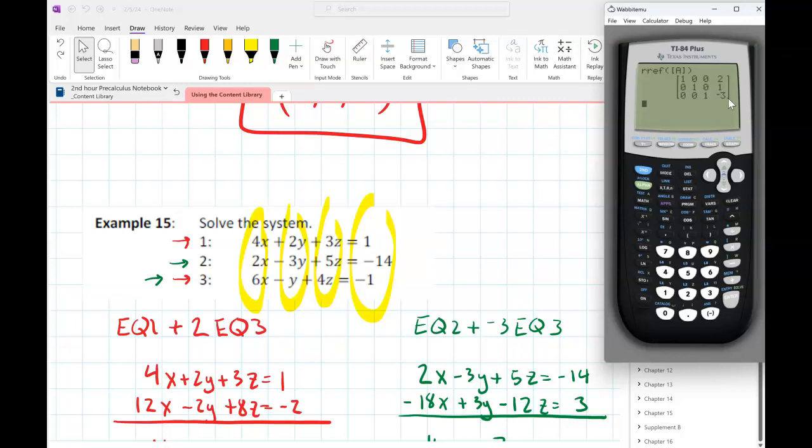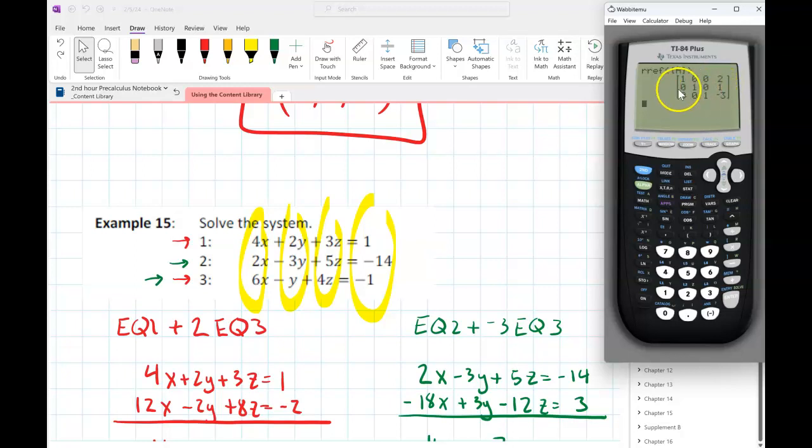Now let's look at what this is actually saying. Remember how when we entered this system into our calculator, we turned it into a matrix? I can take my matrix and turn this back into a system. So this first row of my matrix means 1x plus 0y plus 0z equals 2, or really just x equals 2, right?